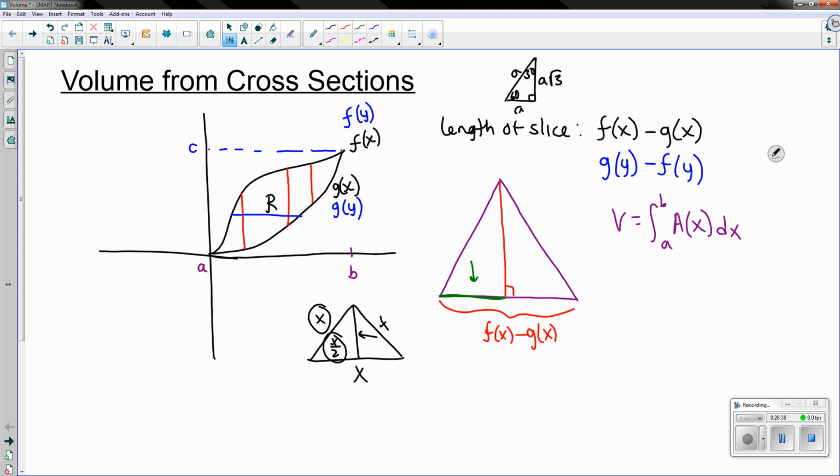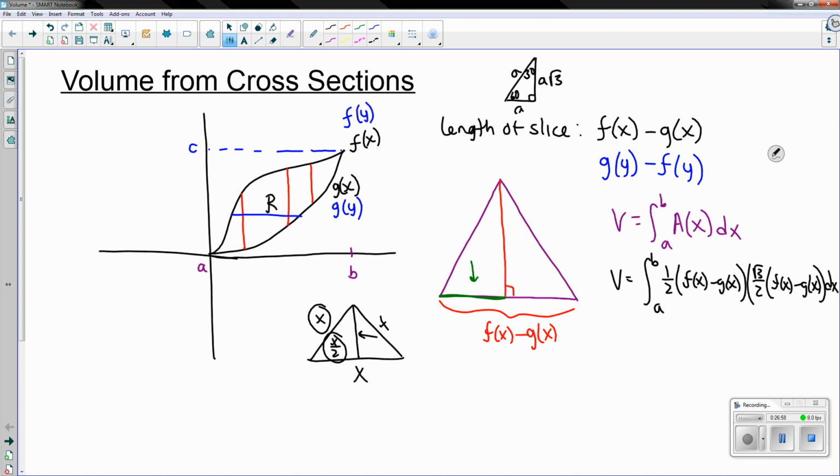But through doing enough of these, you can see that you're going to integrate from a to b. 1/2 the base is f of x minus g of x times the height, which is square root of 3 over 2 f of x minus g of x dx. Right?